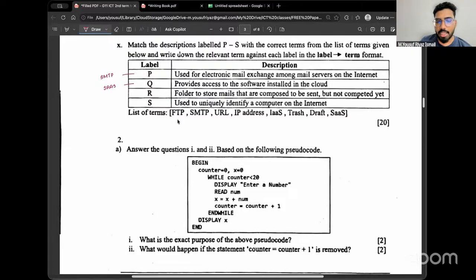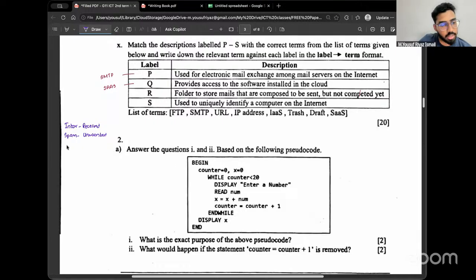Folder to store mails that are composed to be sent. Composed means you have typed the message but not sent it yet. Which section in the email holds those? Email has certain sections. Inbox stores the messages you have received. Spam stores the unwanted or suspicious messages.